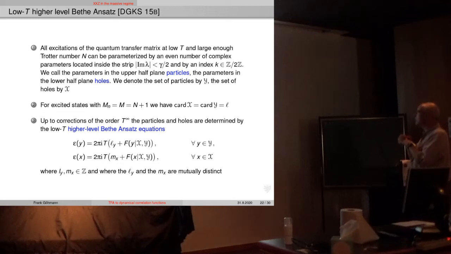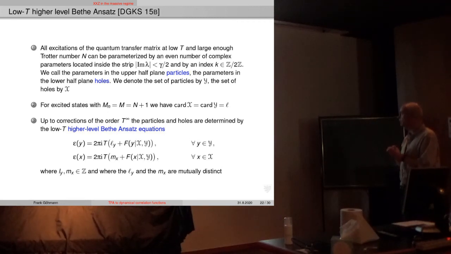And for excited states, in our case, they're the ones which give non-zero matrix elements. The cardinality of particle and hole sets must be the same, up to corrections of order t to infinity, exponentially small. In the low T limit, there are these higher-level Bethe equations.